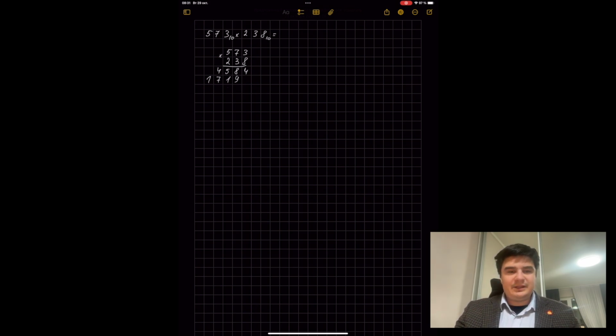Now we multiply 573 by the leftmost digit of 238, which is 2. Here the result shifts yet another place to the left, as we are actually multiplying by 200. So 3 times 2 is 6, 7 times 2 is 14, we write down 4 and carry over 1, and 5 times 2 plus 1 gives 11.